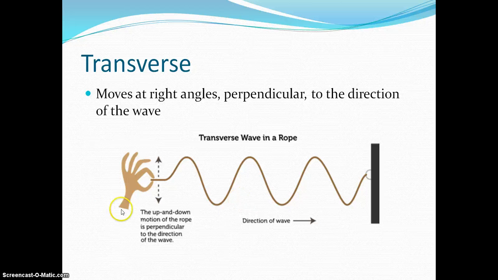You see it from the hand to the wall. But the actual wave is going up and down. So if this was like a rope, the rope would be moving up and down. So it would be the amplitude from the middle to the top, and the wavelength goes from left to right. So it's perpendicular to each other.